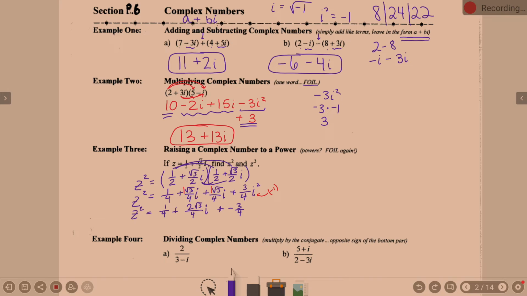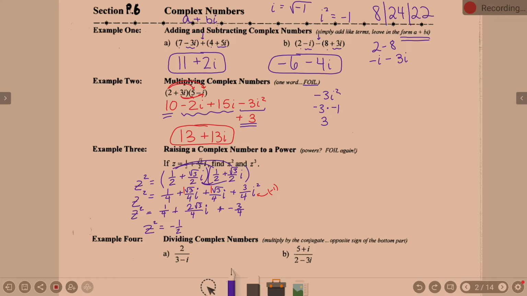Okay. Clean up. Final answer. 1/4 can go with -3/4. 1/4 minus 3/4 is negative 1/2, or -2/4. But since we're at the final answer, we're going to say -2/4 is -1/2.